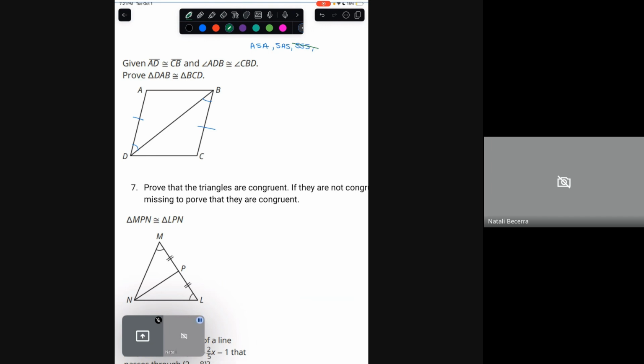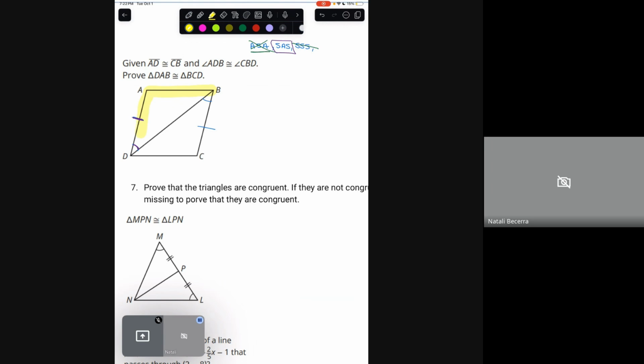Do they share another angle? Because angle, side, angle has 2 angles. No, they don't give me that they share another angle. So it must be side, angle, side. Well, I have side, then I have angle. Now I need another side. Remember, we're focusing on one. So whenever you're doing these, focus on one.